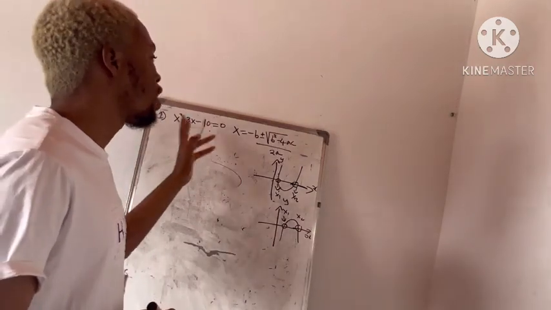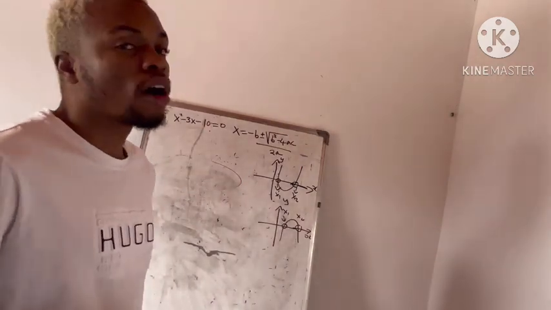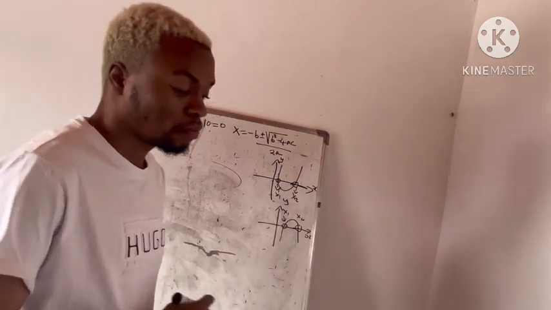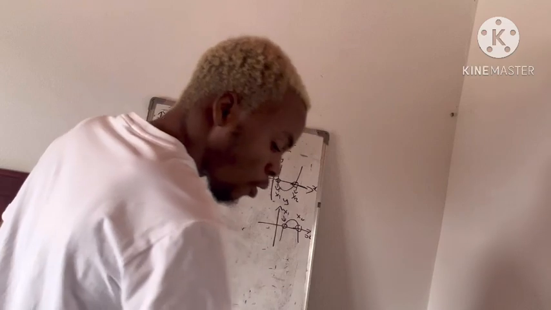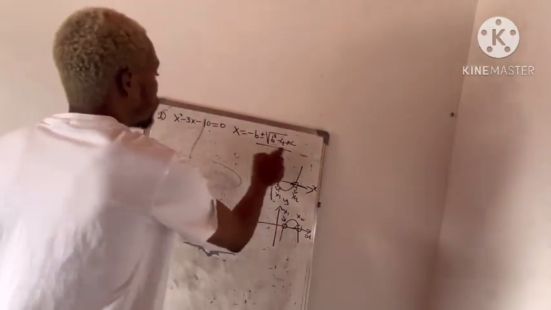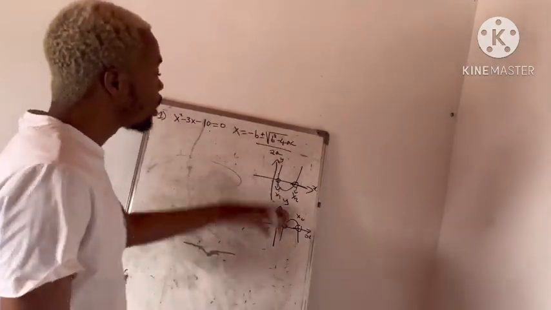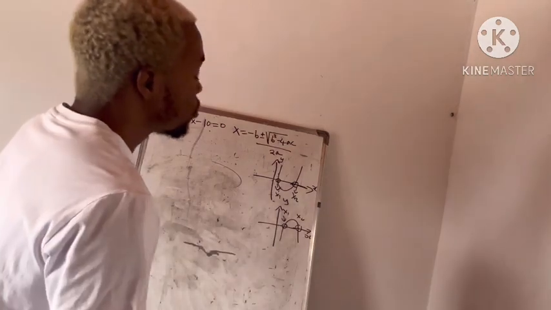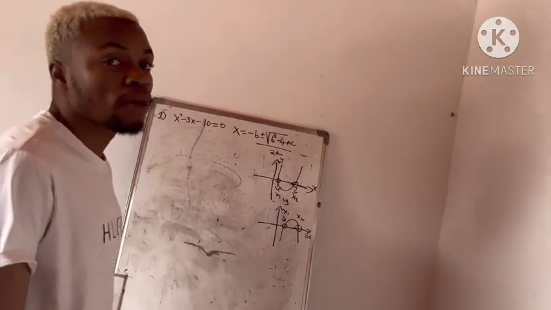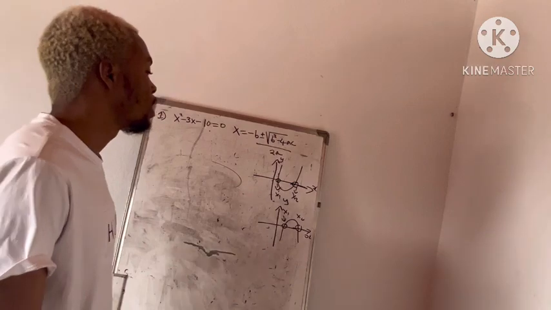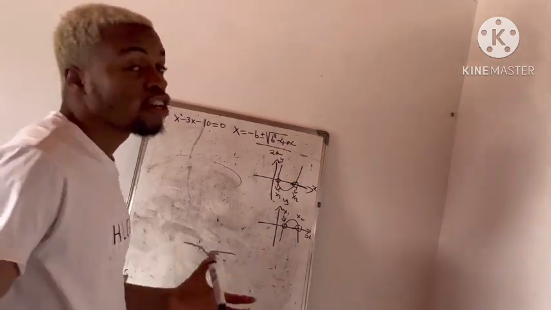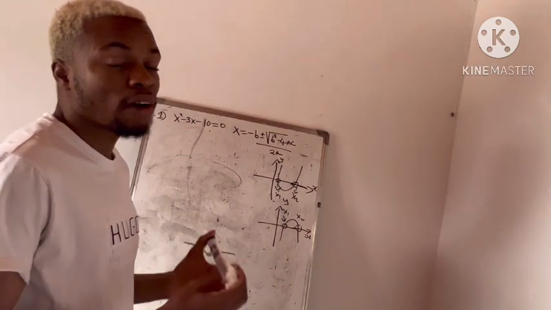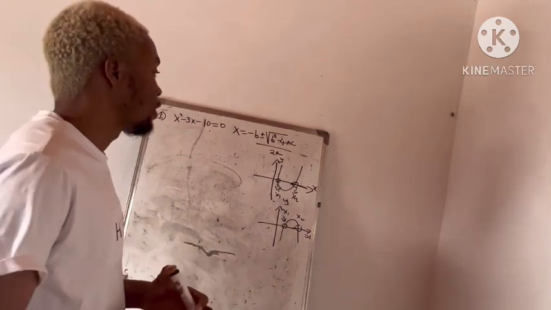First of all, I hope you have written down the formula: x equals minus b plus or minus the square root of b squared minus 4ac, all over 2a, and you have drawn the graphs, just to show you the way in which the graphs will always be presented.